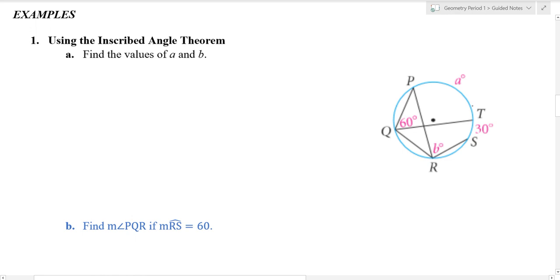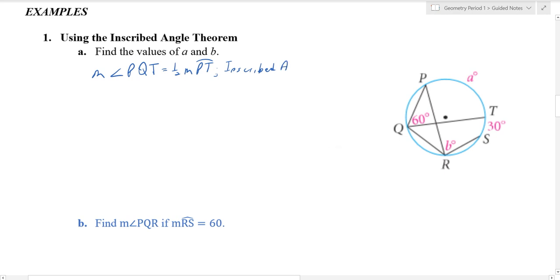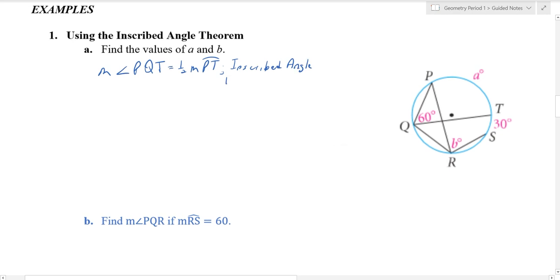So I can make one relationship right off the bat using the inscribed angle theorem, and that is that the measure of angle PQT equals 1/2 the measure of the arc PT. And we can say that is by the inscribed angle theorem.